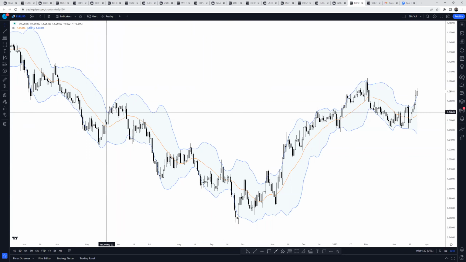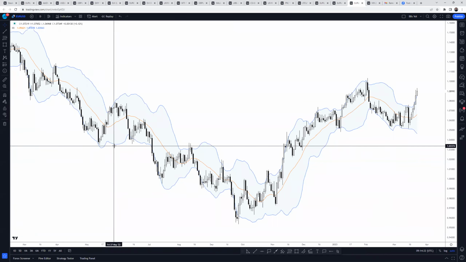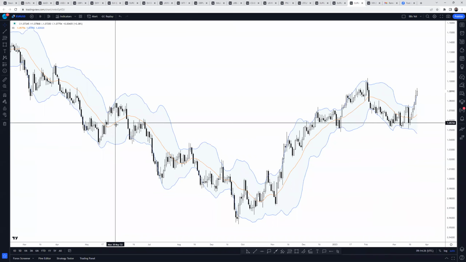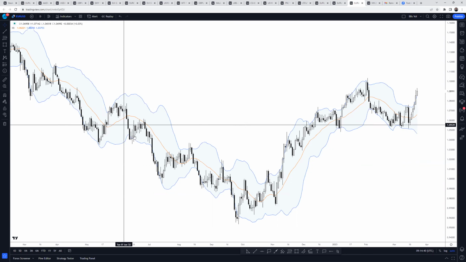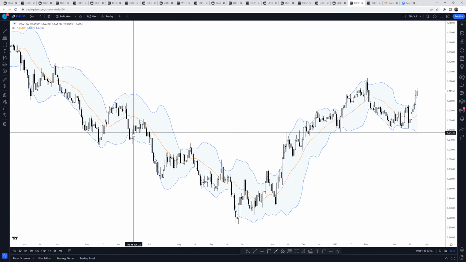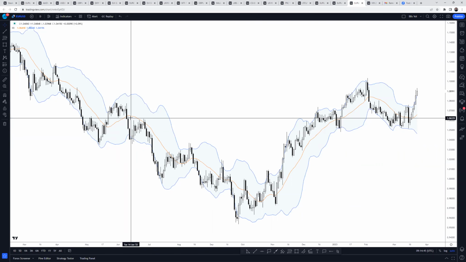Bands are then applied. As you can see, we have an upper band and a lower band, and bands are applied a number of standard deviations away from this moving average. Now, 2 standard deviations are the default. One standard deviation, just to add a little bit more context here, contains around 68% of price movement within the bands.